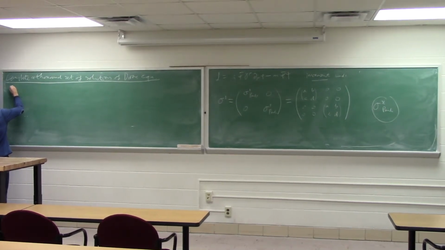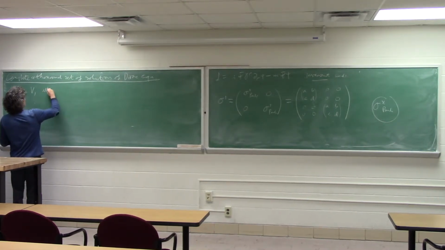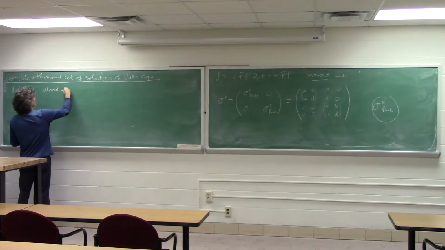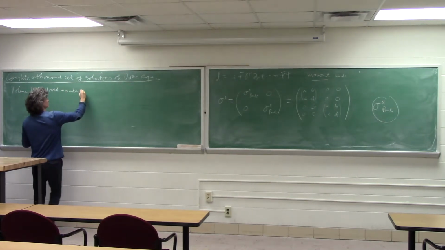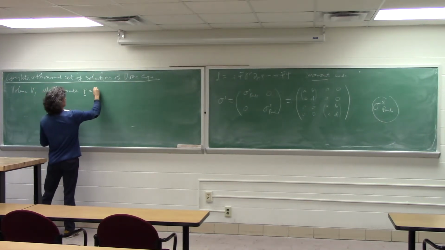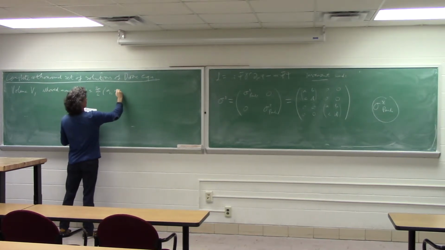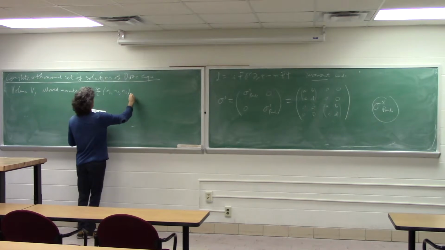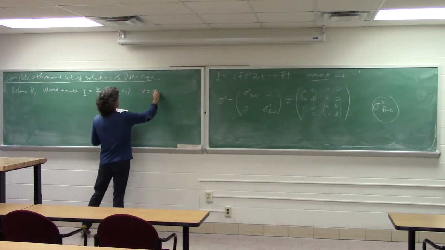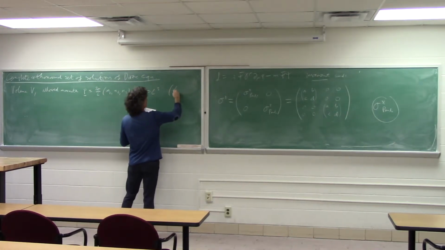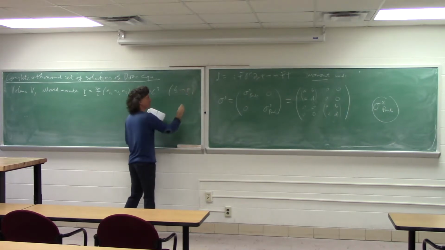So remember, as usual, we're working in a volume V with periodic boundary conditions and the usual sort of allowed momenta. These three integers, these are integers, V is L cubed. So it's just like before, but with k replaced by p.